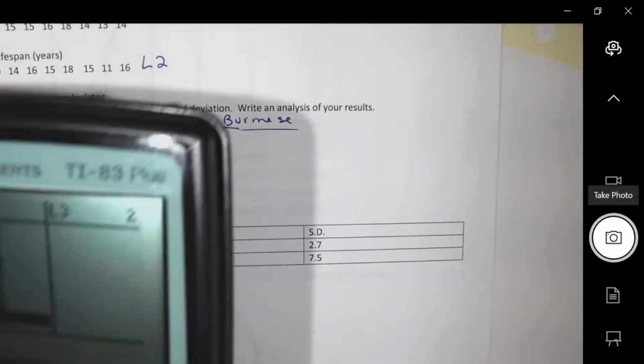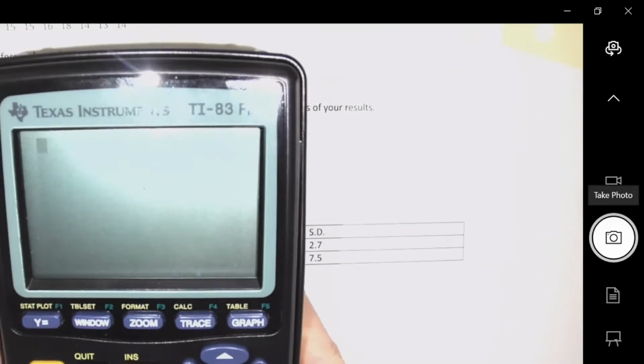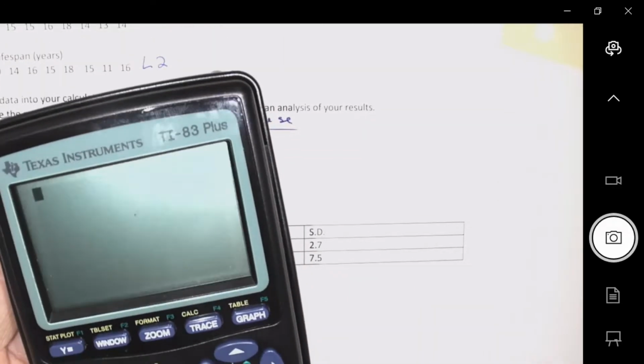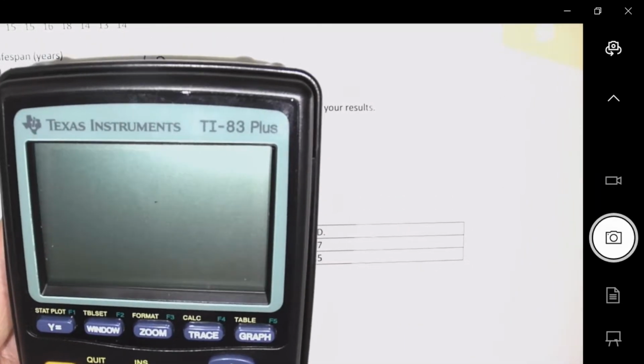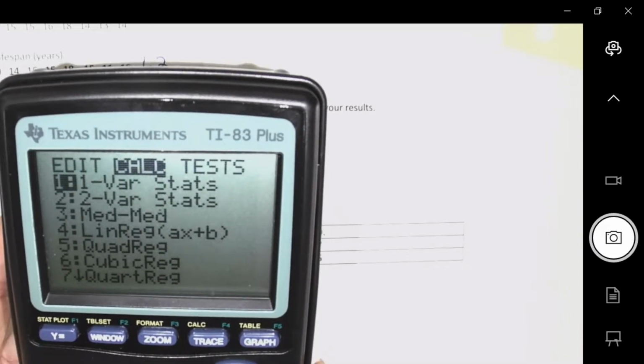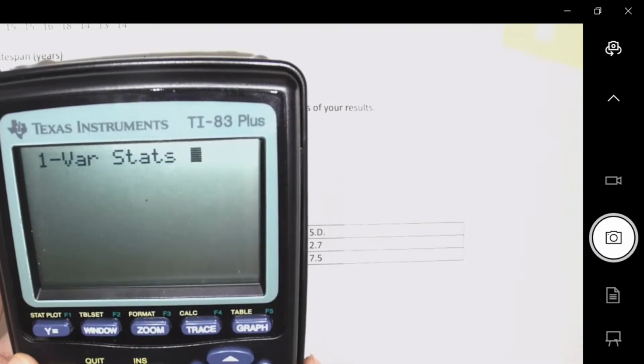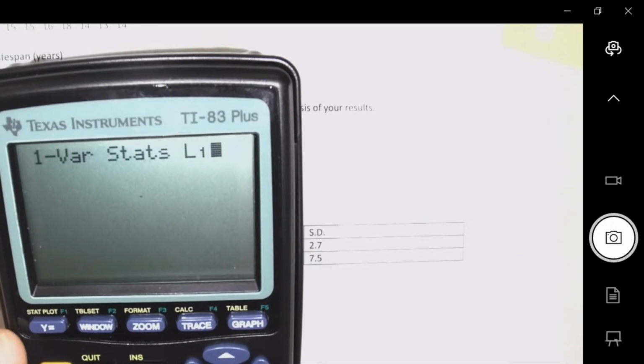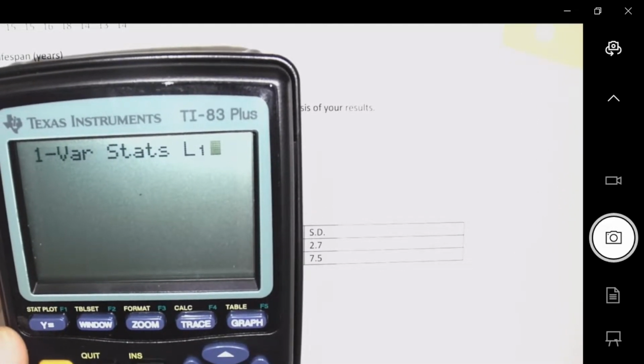Okay, so here's what I'm going to do. I'm just on my home screen now. I quit out of the edit list. Okay, stat, calculate, one variable statistics, L1. Good?